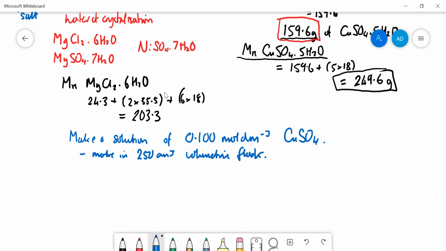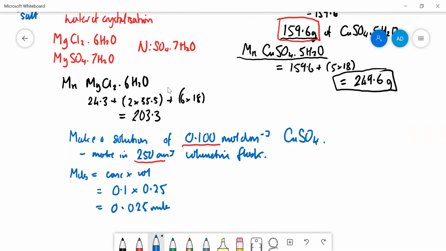What would I need? Moles is going to be equal to the concentration times the volume. The concentration we want is 0.1 and the volume is 250 cm cubed, which in dm cubed is 0.25, so that's equal to 0.025 moles.